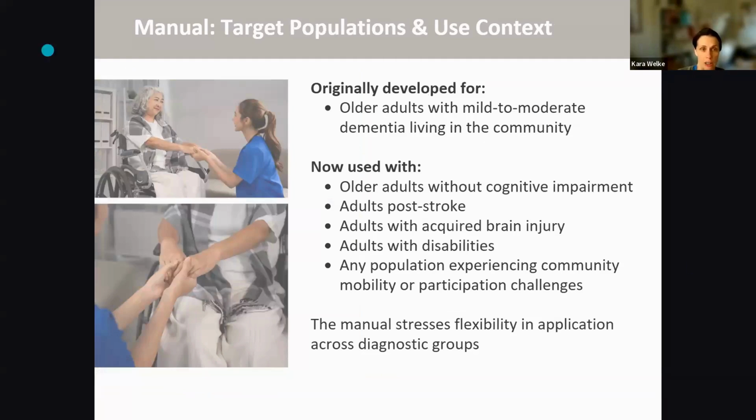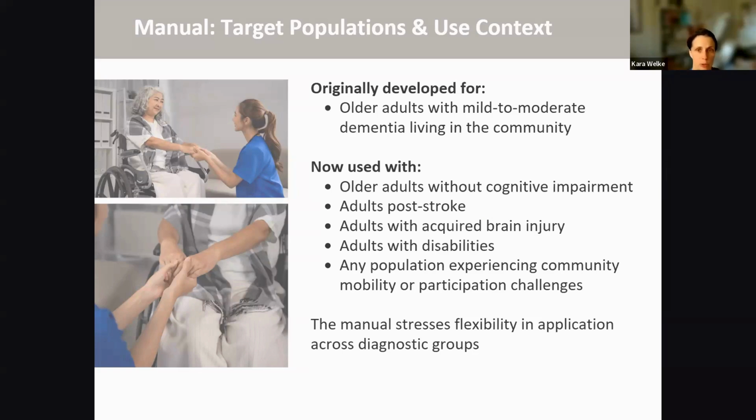As far as the target populations, it was originally developed for older adults with mild to moderate dementia living in the community, but it's now used with a wide variety of individuals. So, older adults with cognitive impairment, post-stroke, acquired brain injury, adults with disabilities, any population experiencing community mobility and participation challenges.